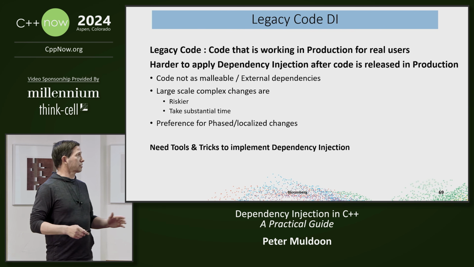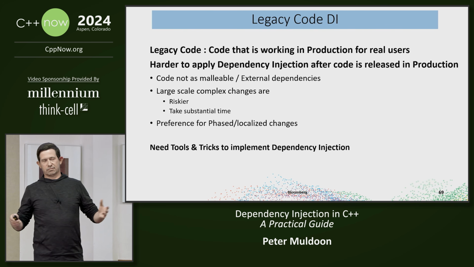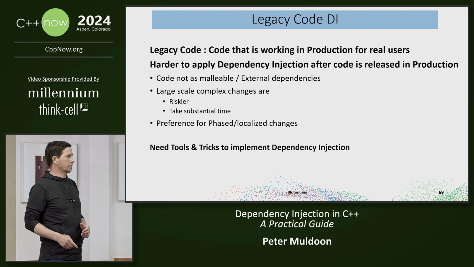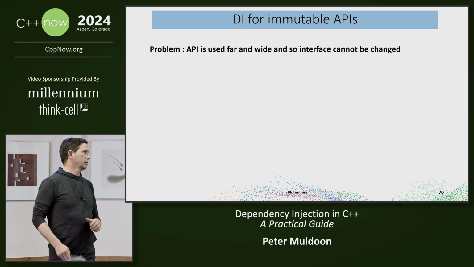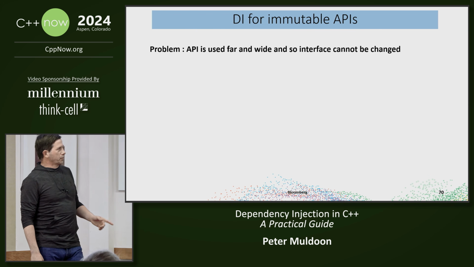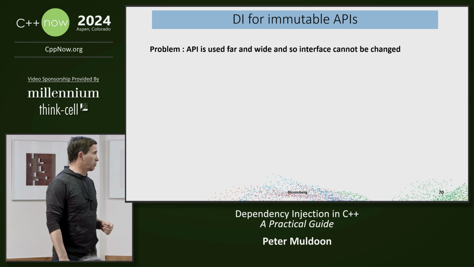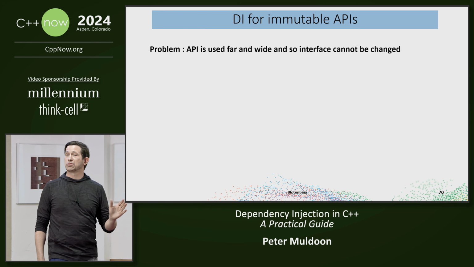But you cannot just do a huge change inside of a code base, generally, certainly in a large company, all right? So you're going to need tools and tricks. So let's look at some. So one of the problems I'll have, and I've talked about it a few times already, you're going to have an API that's used all over the place.